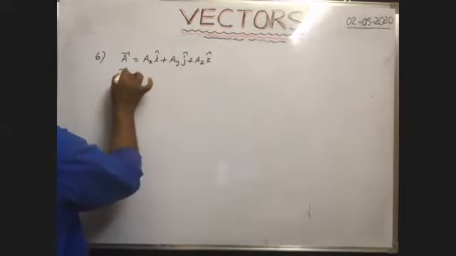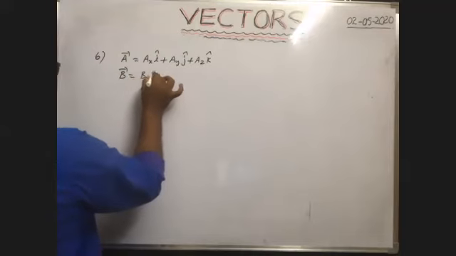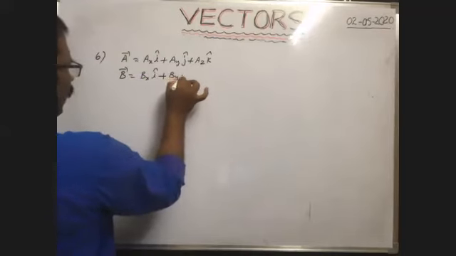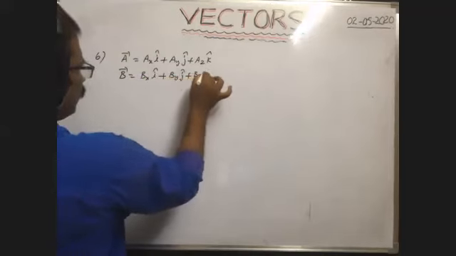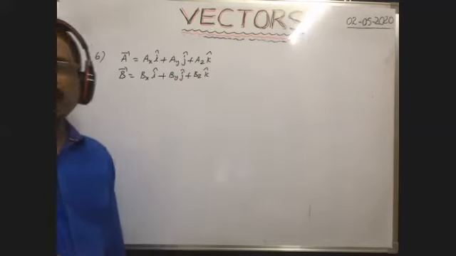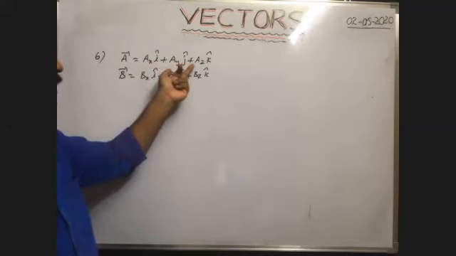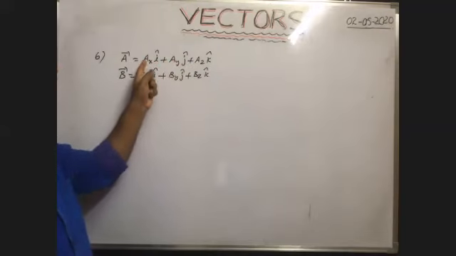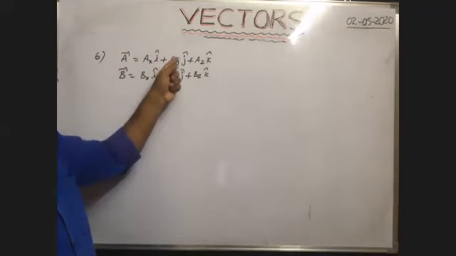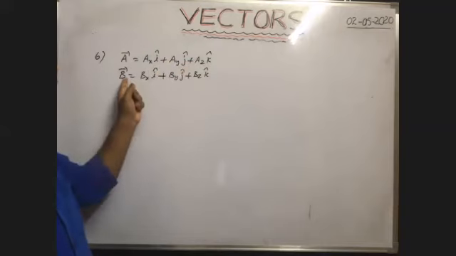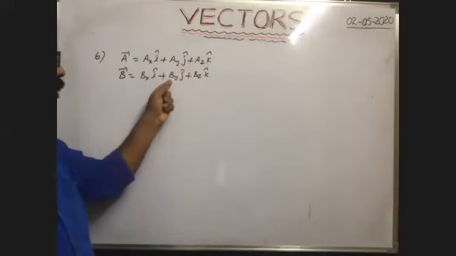B bar is equal to bx I cap plus by j cap plus bz k cap. Two vectors are given like this. Of course, we can write x1 I cap plus y1 j cap plus z1 k cap. B bar is equal to x2 I cap plus y2 j cap plus z2 k cap.